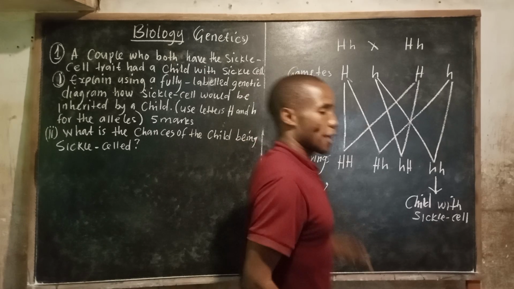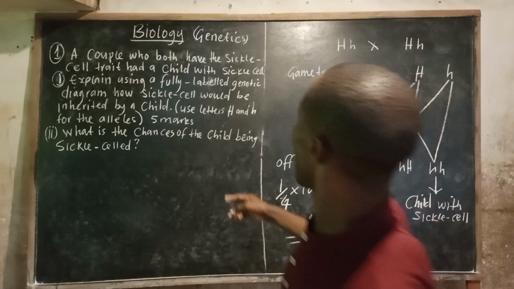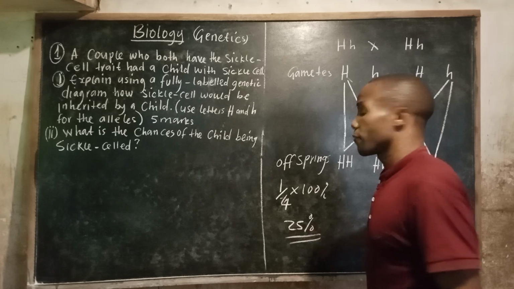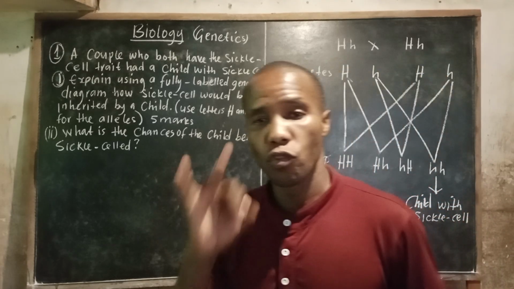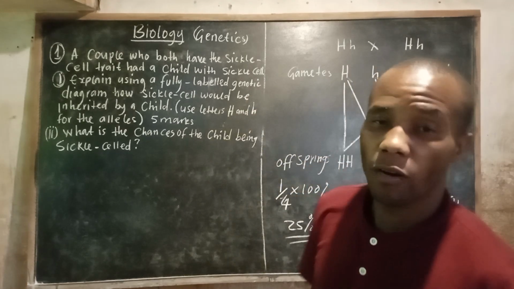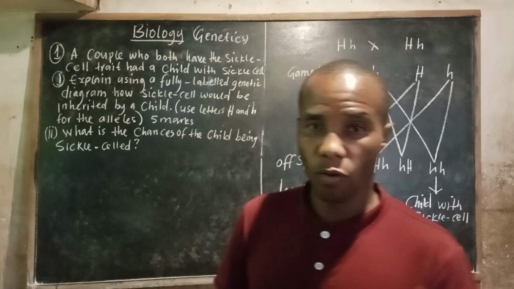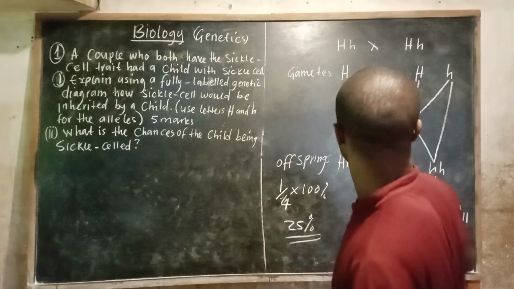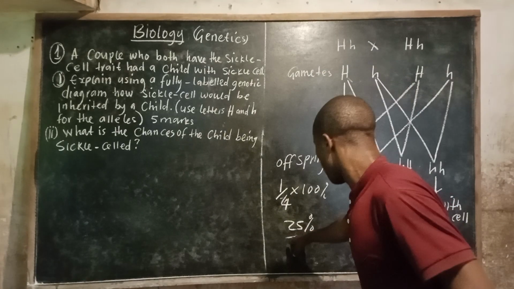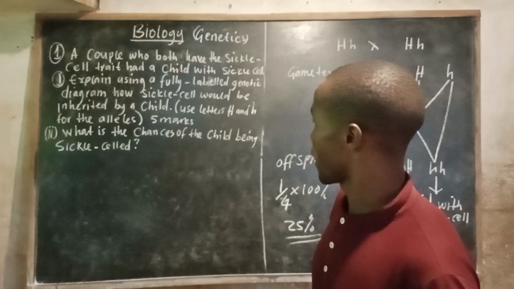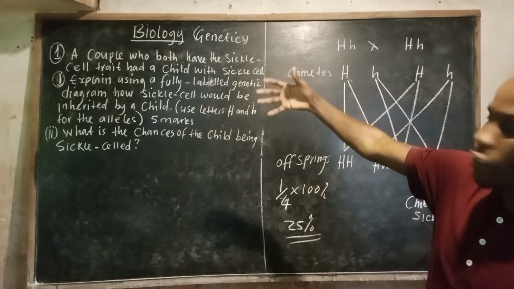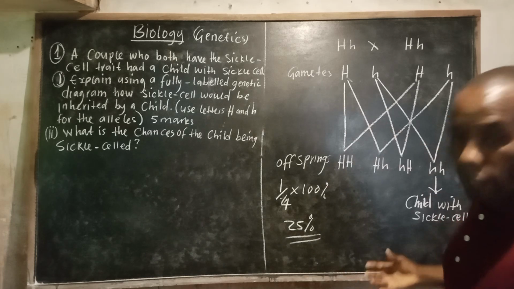So the chances of the child being sickle celled is 25% when 2 parents with the trait of sickle cell get married. So the probability of having a child who is sickle celled is 25%. So it means we have answered the questions that we had given.